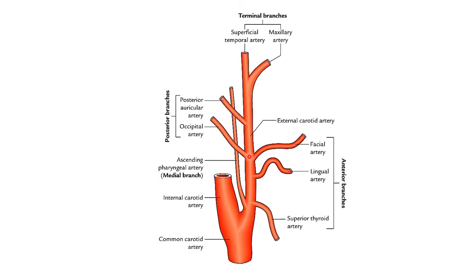Out of these 8 branches, the first 3, that is the superior thyroid artery, the lingual artery, and the facial artery, arise from the anterior aspect of the external carotid artery, while the next 2 branches, that is the occipital artery and the posterior auricular artery, arise from the posterior aspect of the external carotid artery, and 1 branch, that is the ascending pharyngeal artery, arises from the medial aspect of the external carotid artery.